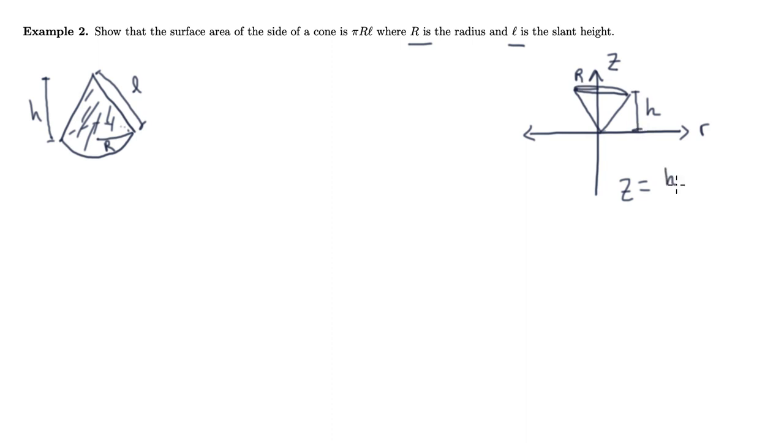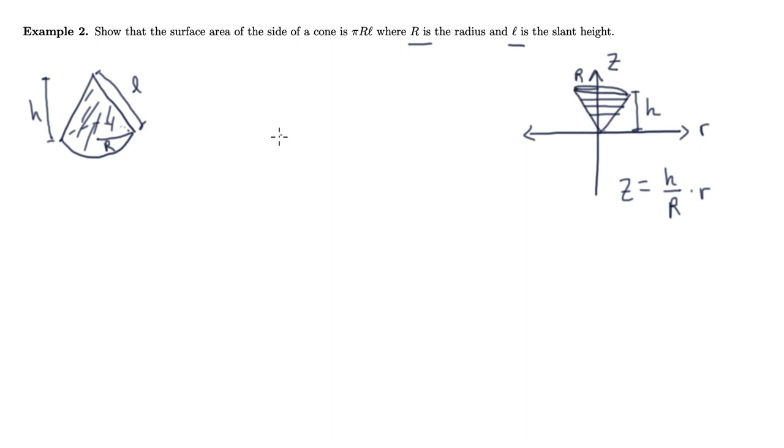So z is really h over big R times little r. Now little r is the variable. Okay, so that's just saying that as z increases, the radius of these circles is going to increase by this factor. Okay, looks good.